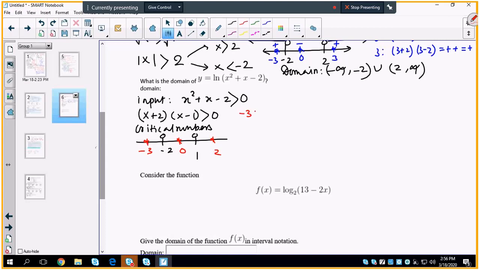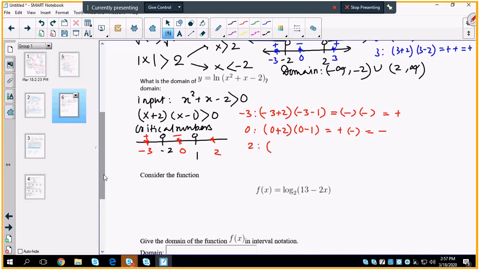For negative 3 in the factored form, I get negative 3 plus 2 times negative 3 minus 1. Both of them are negative, so multiplying two negatives will give me a positive, and I will take it. That's good. I wanted positive. For 0, I get 0 plus 2 times 0 minus 1, which is positive times negative. That's negative. Bad. Not going to take it.